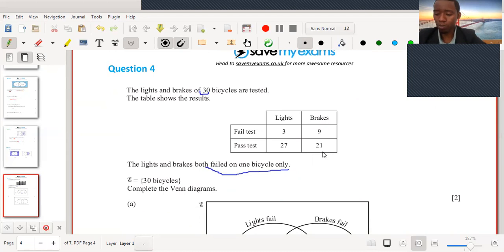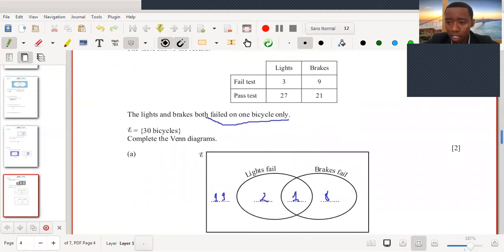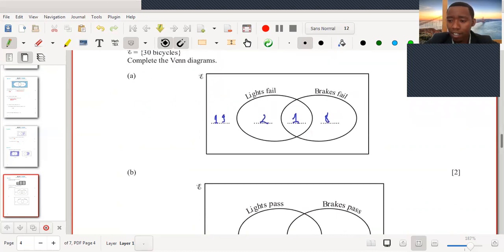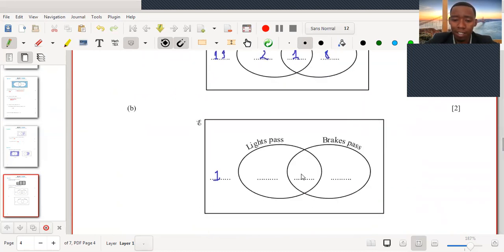Then I'll take away 30. I'll get what is in the intersection. So in the intersection, those who all passed are 18. So I have 18 there in the middle. I put 18 here.